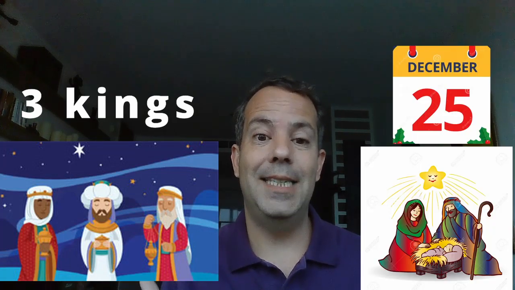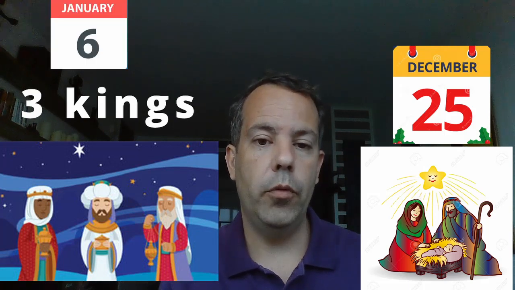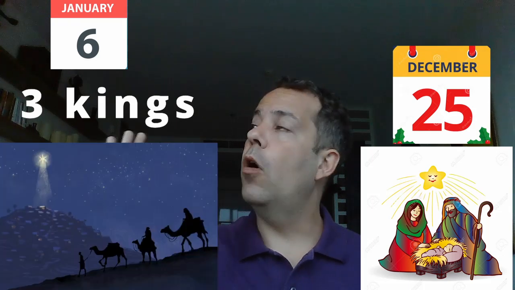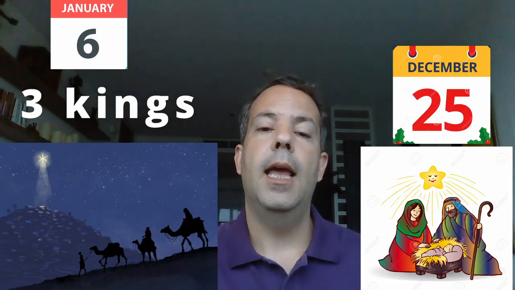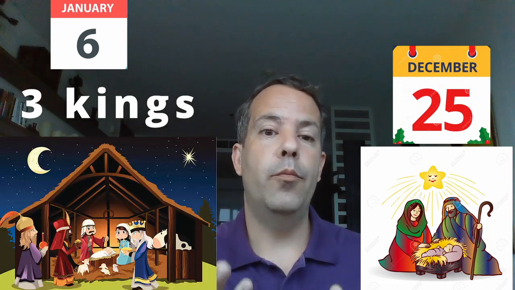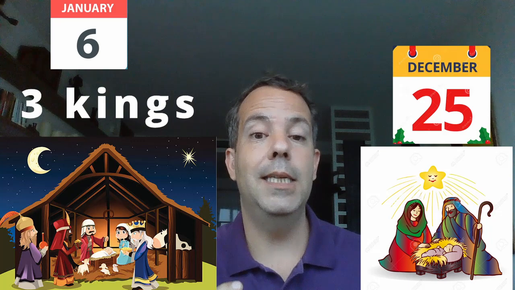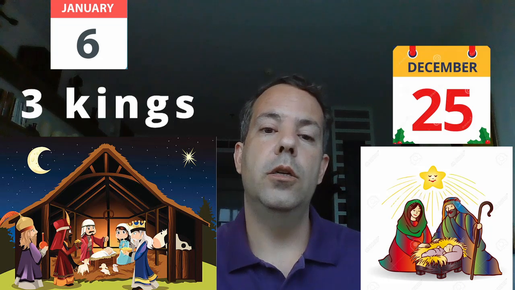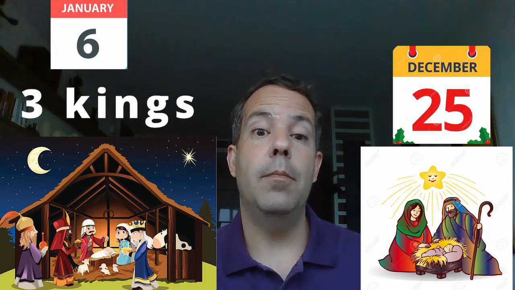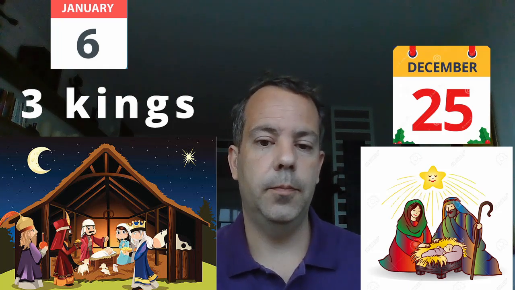So Jesus was born on the 25th of December, and 12 days after, on the 6th of January, the three kings followed the star and visited Jesus and gave him some presents, some gifts. So the 12 days of Christmas is about these days from Christmas Day, 25th of December, to 6th of January. It's called the Epiphany, or the visit of the three kings.